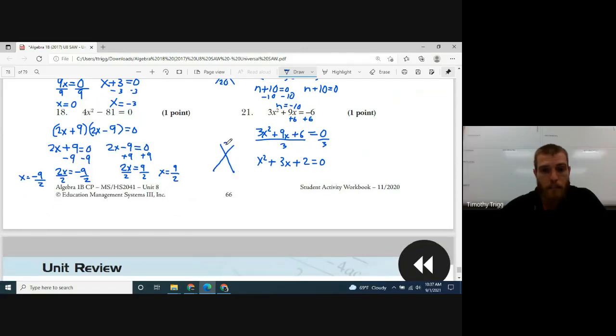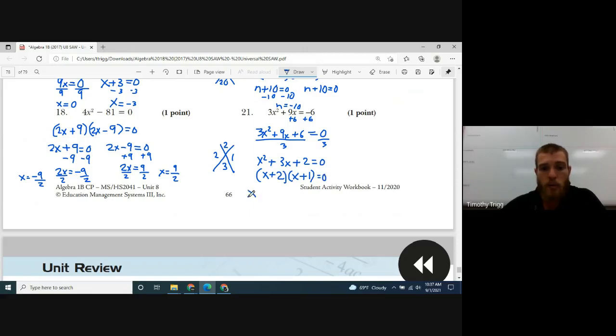Okay, so now let's use our magic x. 2 on the top, 3 on the bottom. What two things multiply to give you 2, but add up to give you 3? Well, that's 2 and 1. So this would factor as x plus 2, x plus 1 equals 0.